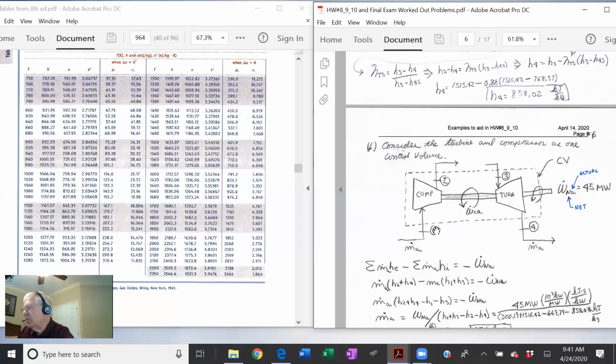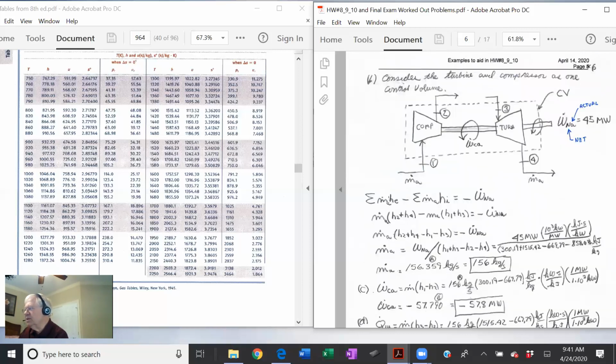So now the way to analyze this, you go back a little further into our first law equation. The sum of the masses times the enthalpies exiting this control volume minus the sum of the masses and the enthalpies coming into the control volume is equal to Q minus W. Well, we're going to assume this process is adiabatic, so Q is equal to 0.